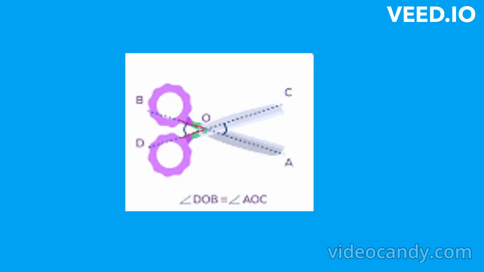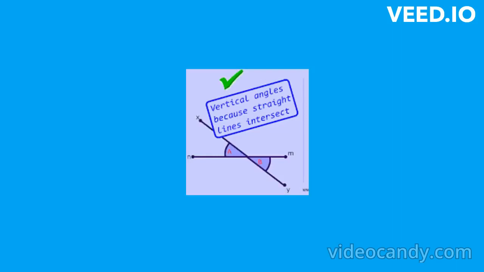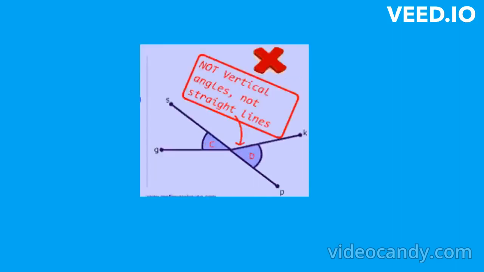Look at this, angle DOB is equal to angle AOC. Angle BOC is also equal to AOD. So vertical angles are formed when two straight lines intersect.